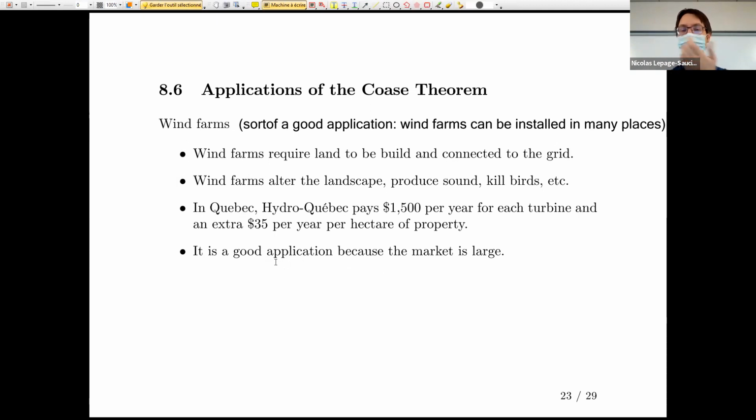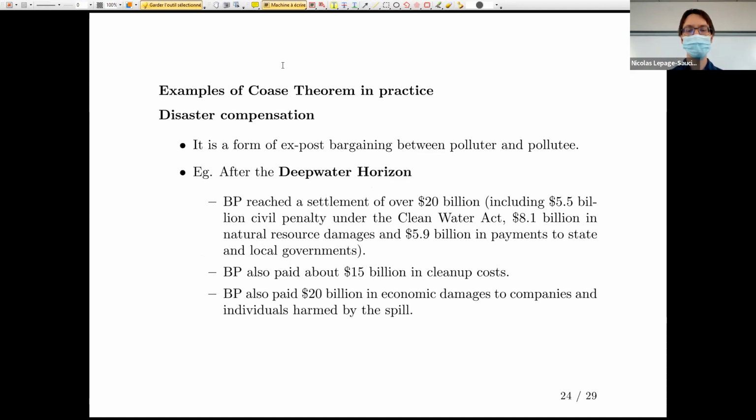Now, a sort of good application, but not as much, is disaster compensation. Why? Well, disasters are unpredictable. So if instead of having one big oil spill, for instance, we had some small spill every year, then that would be super easy to manage.